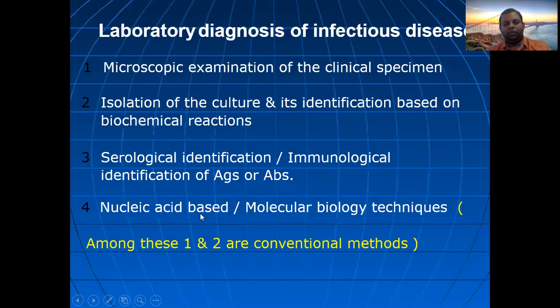And further, we use nucleic acid based, molecular based biological techniques. And there are other methods like viral isolation, and electron microscopy, direct visualization, also a part. So first and second, one and two, are often conventional methods.